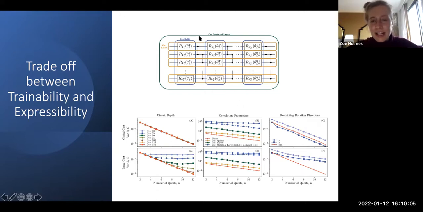Basically, we just had a single rotation angle. And what you can really see is that basically the more you correlate things, both for local and global costs, the higher the observed gradients. And then we also tried restricting rotation directions. So instead of allowing these to be X, Y, or Z rotations, we considered just X or just Y rotations. And in the case of a local cost, this substantially increased cost gradients.